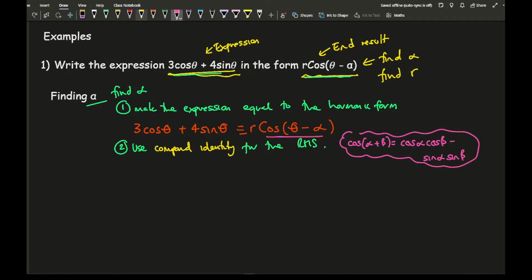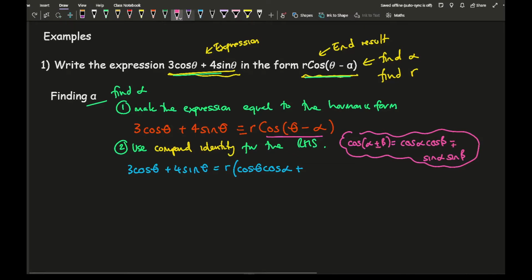So what I've then got is 3 cos theta plus 4 sine theta is going to be equal to r, and I'm just going to put that in brackets, cos theta cos alpha, and let me just make sure that's correct. So we're going for plus.